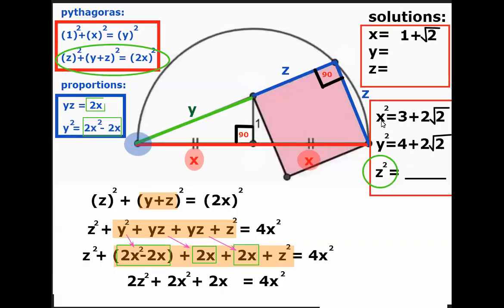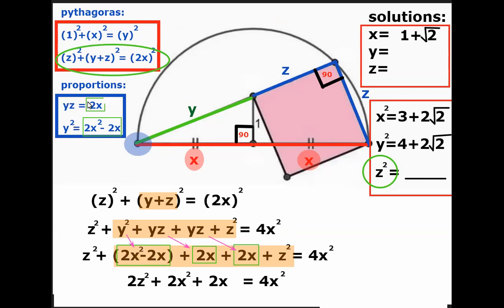Next, we can use the information from the squares to solve for z, because with the other Pythagorean theorem of the large triangle, we have z squared plus y plus z squared equals 2x squared. Expanding using FOIL again, we have z squared plus yz plus yz plus z squared is 4x squared. Grouping like terms, I used my proportions to substitute. So y squared is the same as 2x squared minus 2x.